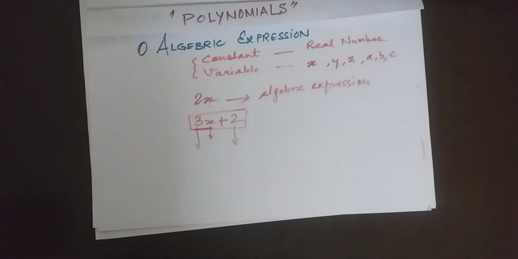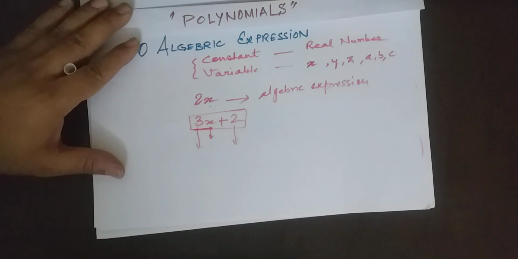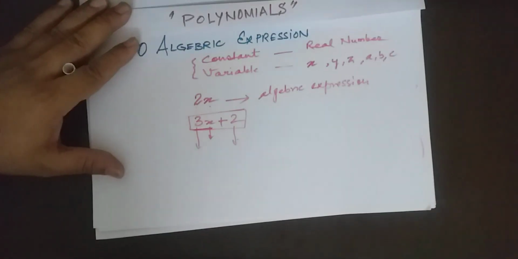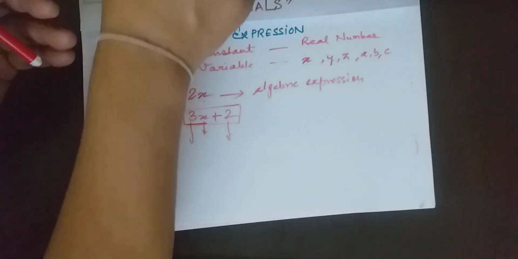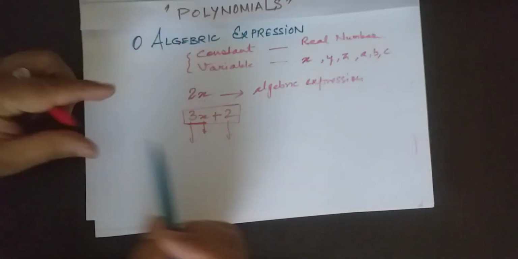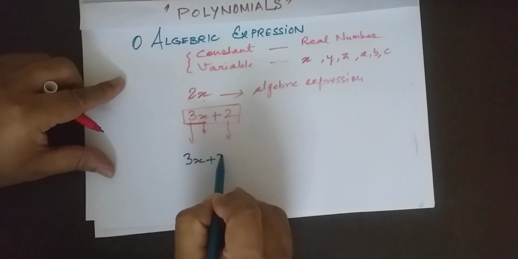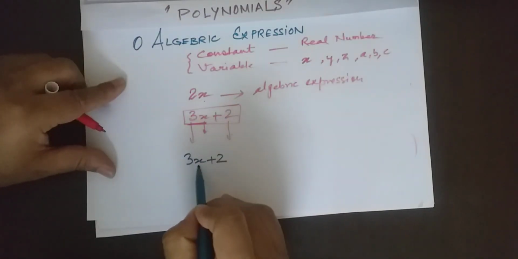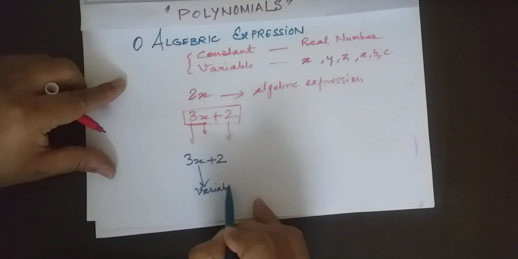And how do these algebraic expressions change to polynomials? So when we talk about polynomials, what we are exactly looking at is the powers of variables. Means in this expression 3x plus 2, x is the only variable present here.